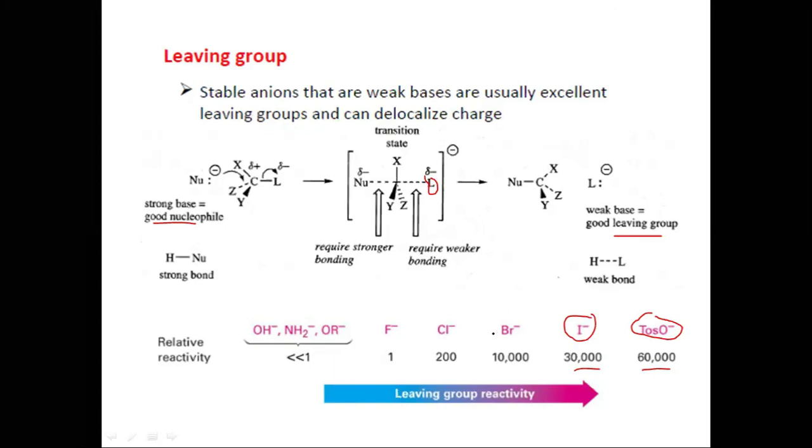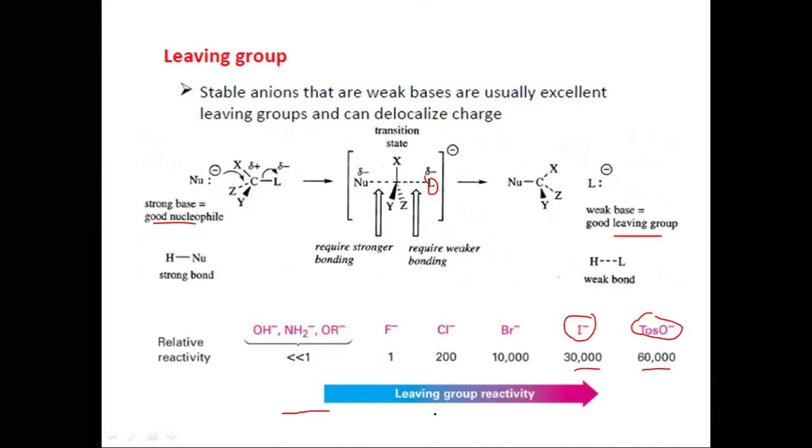Then comes Br minus, Cl minus, with the least reactivity. F minus is also least, and very negligible reactions are noticed whenever the substrate carries OH, NH2, or OR as a leaving group.